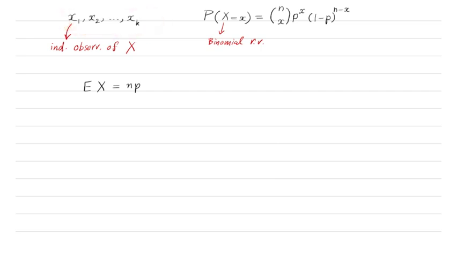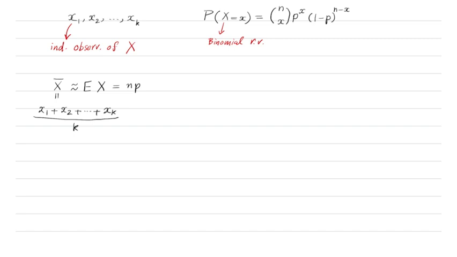So x bar is approximately equal to the expectation of X, which is n times p. And x bar is just x1 plus x2 plus up to xk divided by the number of observations. So that's just the average of the observations, or the so-called sample mean, and it's an approximation of the actual mean, which is the expectation.